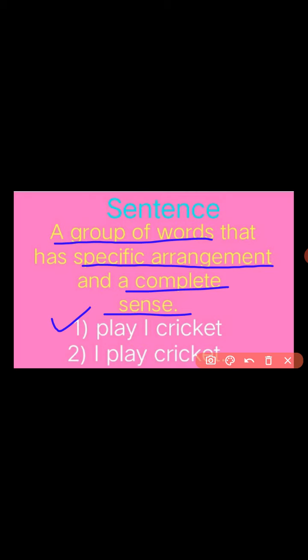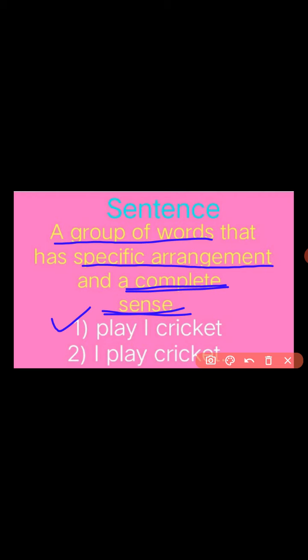Okay, let it be. If we consider we do not know, then what about its sense? Do you get complete sense after reading these words? Definitely no. Or do you get proper sense, proper meaning of this group of words?